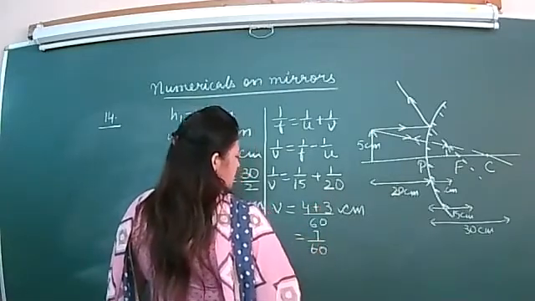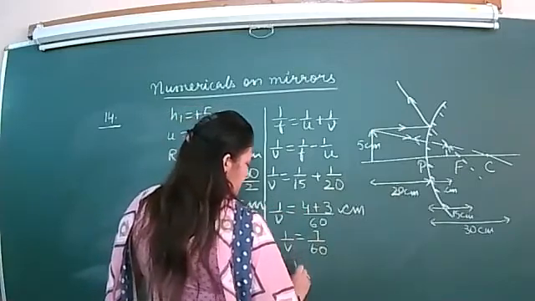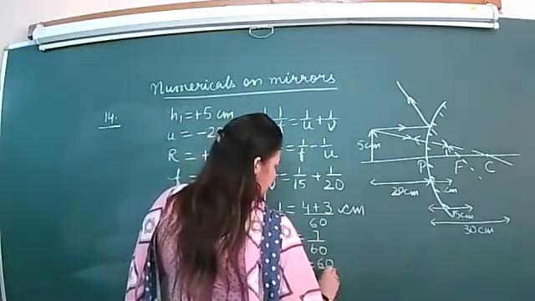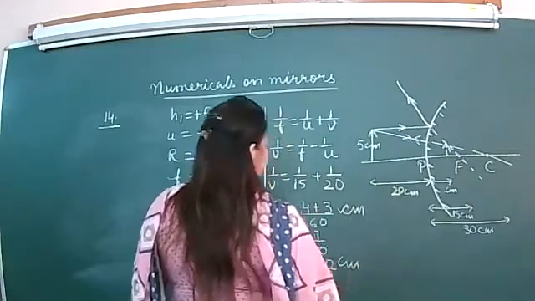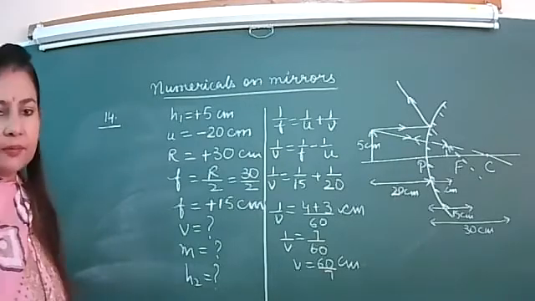7 by 60 is 1/V. So V is 60/7 centimeter. So it will be 8 point something.